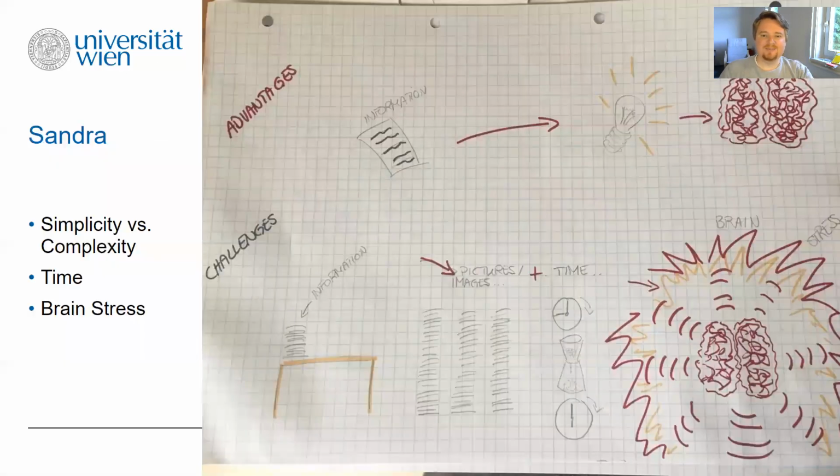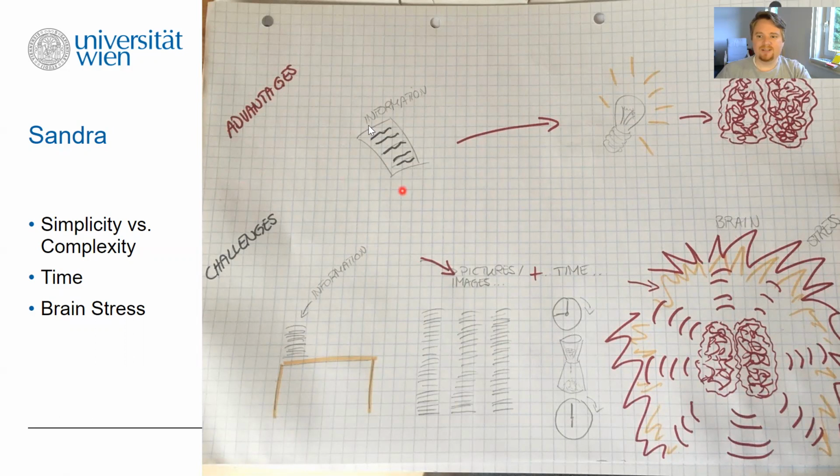So let's get started with the first one, the visual abstract from Sarah. And Sarah, you pointed out what most of the visual abstracts pointed out, in particular this combination of simplicity versus complexity. Through visualizations, we can draw something very simplistic, but at the same time say a lot.